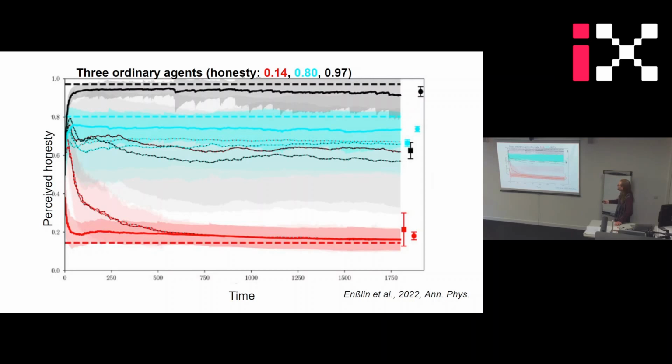But this is something it has to find out over time about itself. And the dashed lines that are hard to distinguish, but just the red lines here, are the perception by the others, right? So everybody finds out that the red one is a liar. Even the red one figures out that it lies all the time.